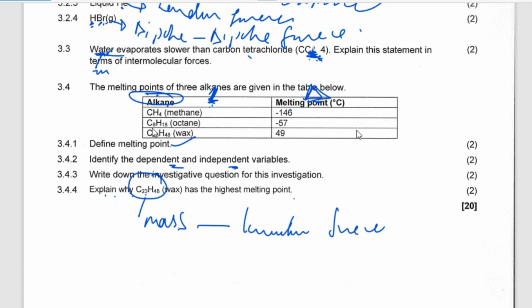Or you can say that as the number of carbon atoms increases, the melting point also increases. Therefore, this one has the highest number of carbon atoms, hence the melting point is high due to the increasing London forces.